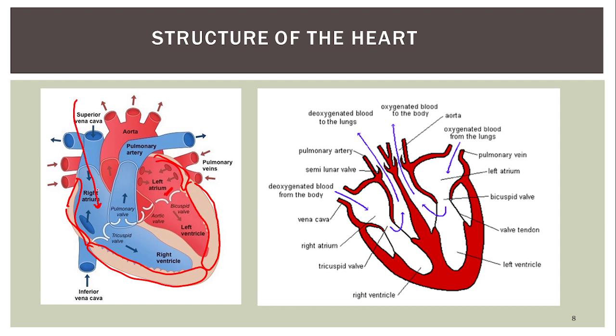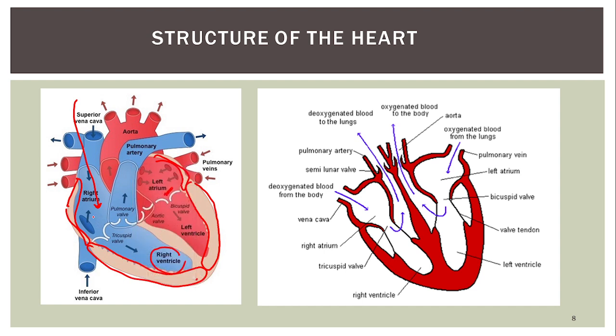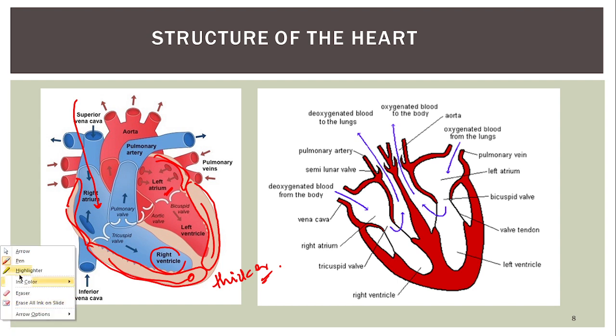So blood just enters and stays here. But then the function of the ventricle is to pump blood all over the body. So it requires a lot of energy and a lot of power to generate that force, to send the blood all over the body, which is why the muscles help in creating that force, which is why they have thicker muscles. Get that? Alright, let's move ahead.